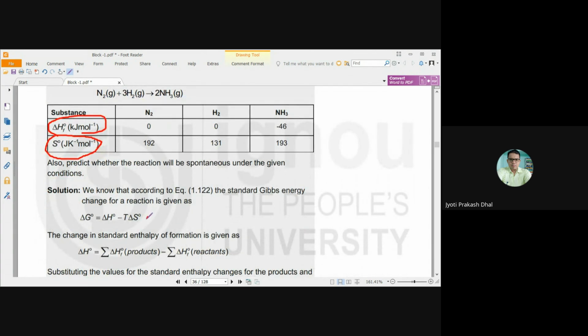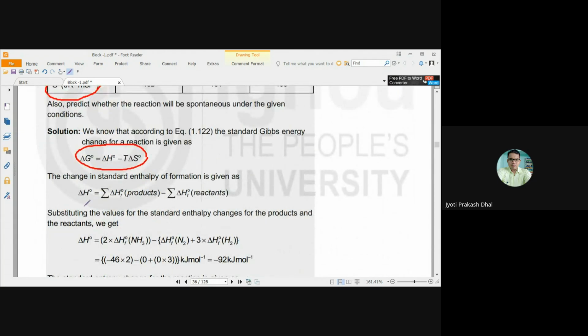So you can use the second equation, that is del G naught equals del H naught minus T del S naught. First you have to calculate del H naught, and the formula is: del H naught equals standard enthalpy of formation of the products minus standard enthalpy of formation of the reactants.